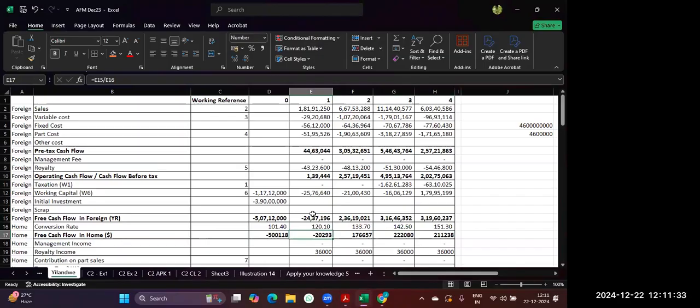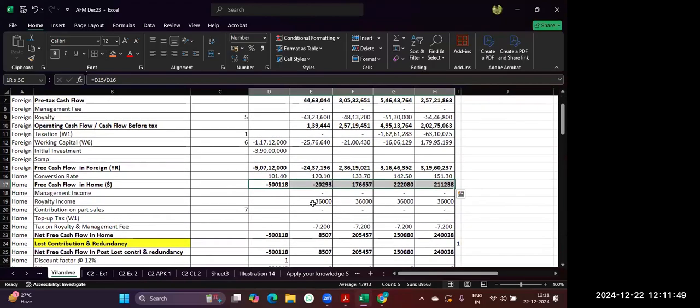Should I divide or should I multiply? Rand to dollar, and the dollar is a stronger currency, so you get fewer dollars when you convert rands. So I've calculated my free cash flows. Royalty was an expense in the foreign country. What will it become in the US? Income.